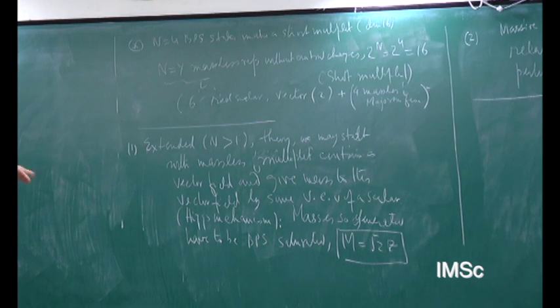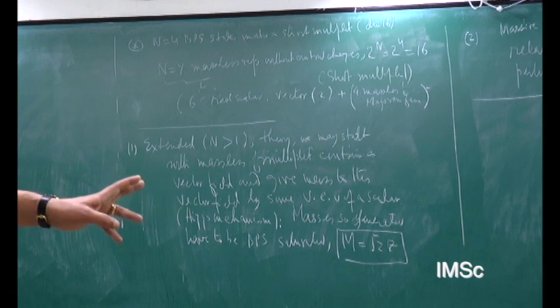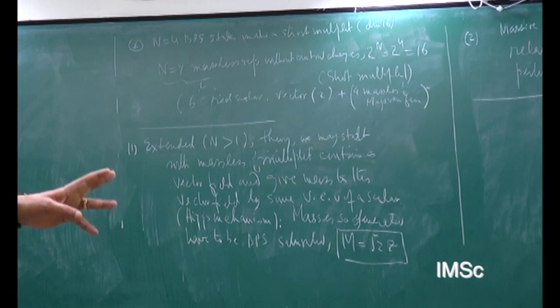Because we said the number of states in a BPS supermultiplet is the same as the number of states with half the supersymmetry of the massive supersymmetry. So the n equal to 2 multiplet we saw has the same content as n equal to 1 massive.